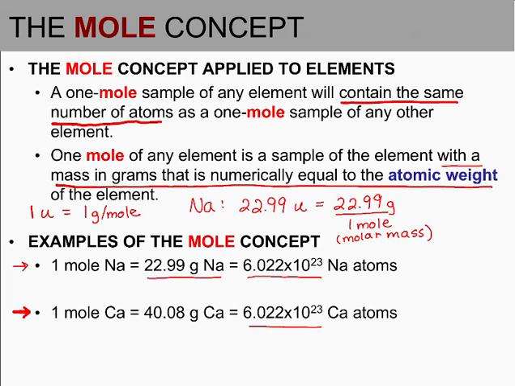Now, additionally, calcium, if we look up calcium's atomic weight on the periodic table, it is 40.08 U, but that's also equal to the same amount in grams per mole. So if we have 1 mole of calcium, that means that we have 40.08 grams of calcium.